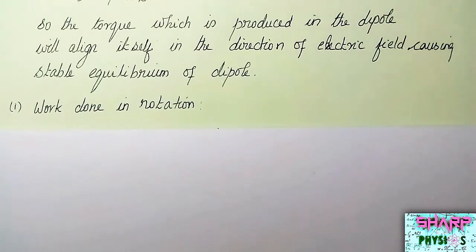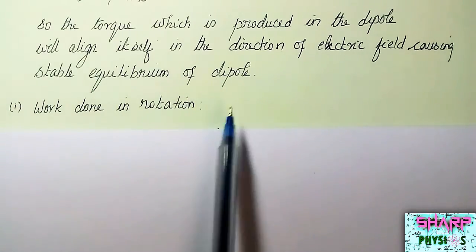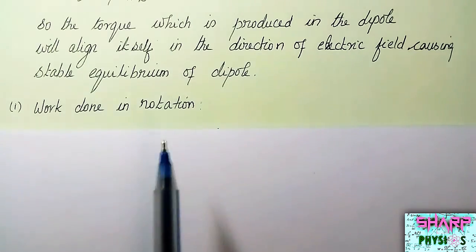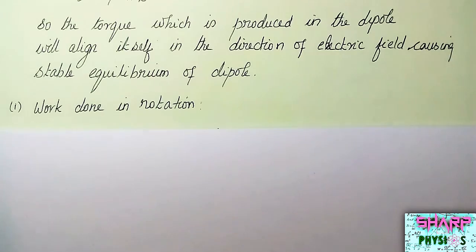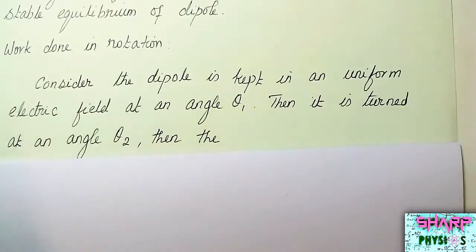So when it is stable, now we will see the torque when it is rotating, and what work is done on the dipole. Consider the dipole kept in a uniform electric field at an angle theta 1, and then it is turned to an angle theta 2.